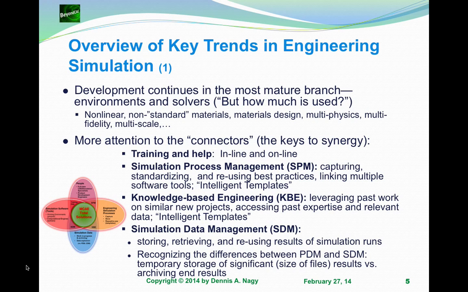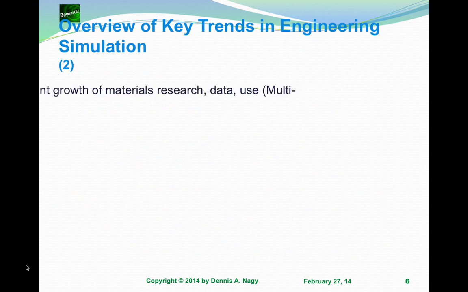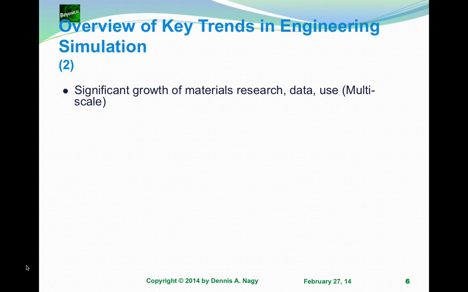Next, as I said, there's significant growth in materials research per se, and the fact that simulation is so powerful now plays a role in even how that materials research is done. So there are people who are micro-modeling materials science ideas using MCAE really down at the micro level to determine properties of certain kinds of materials that they may want to propose to be developed.